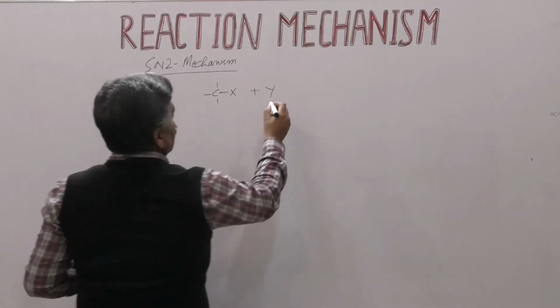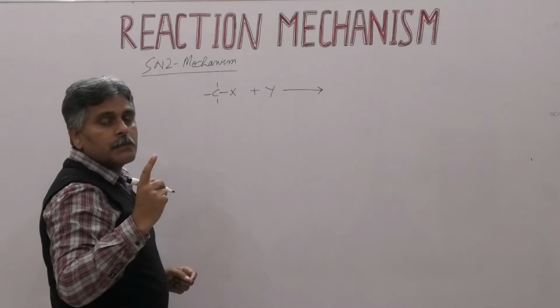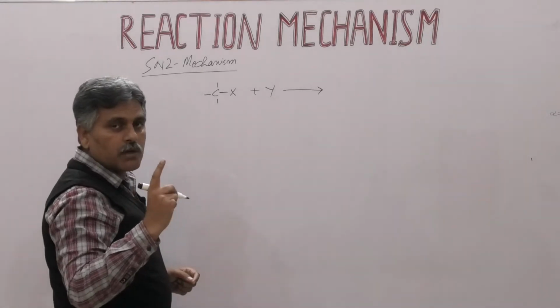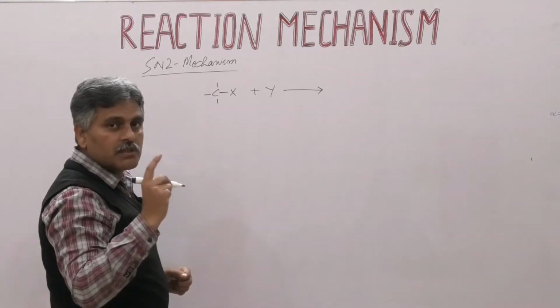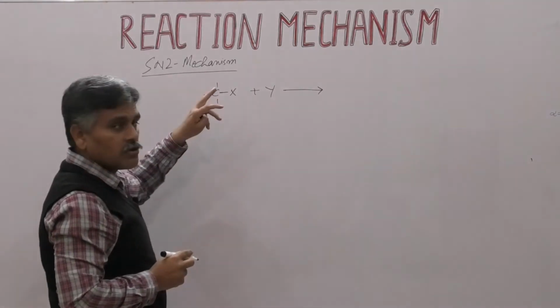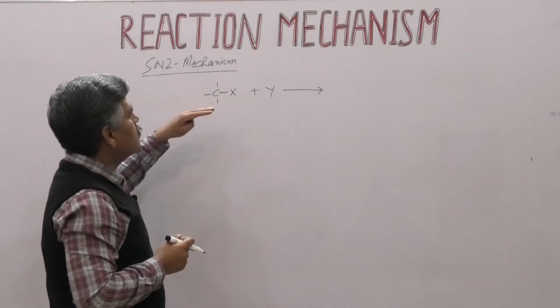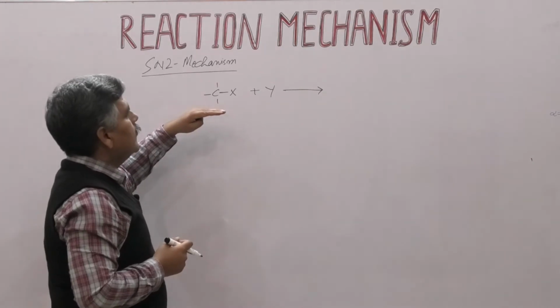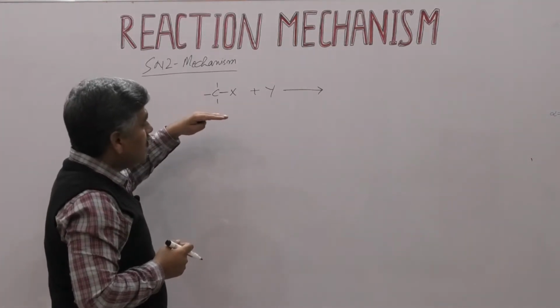When we write this equation, the SN2 mechanism is a one step process. One step process means it never involves any intermediate. In the single step, the attacking nucleophile attacks at the carbon, and in the same step this X leaves. So this reaction proceeds in one step and no intermediates are formed.